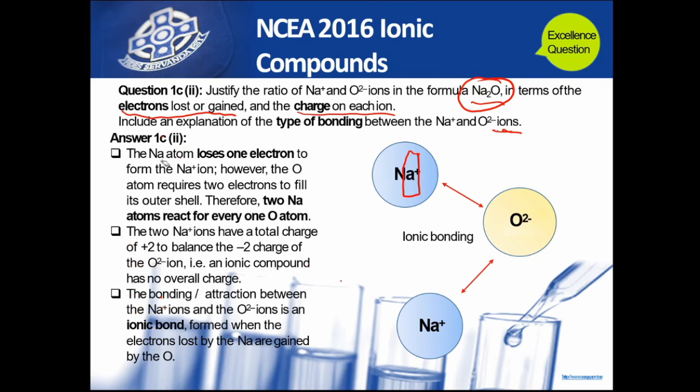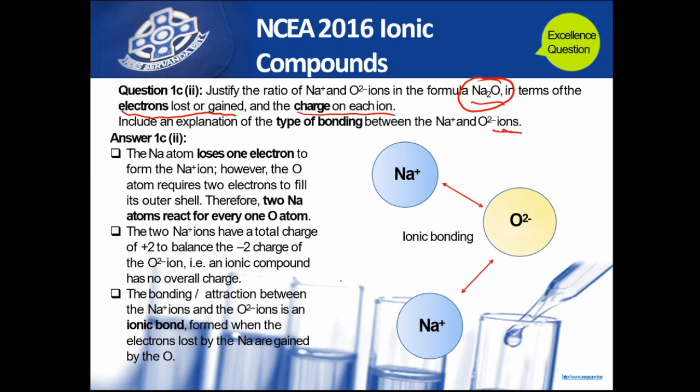So the sodium atom loses 1 electron to form a sodium ion. However, the oxygen atom requires 2 electrons to fill its outer shell. Therefore, 2 sodium atoms react with every 1 oxygen atom, and you can see it clearly over here. Okay, now my pen just died.